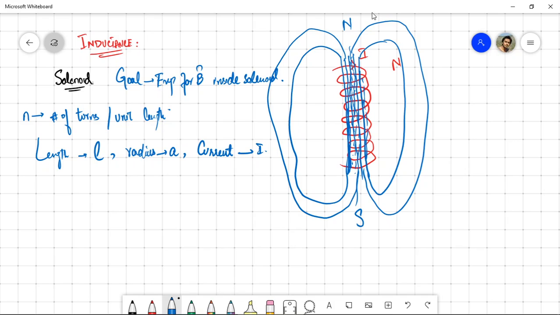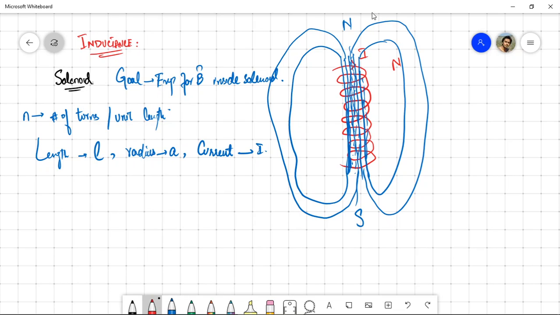So let's start by taking the magnetic flux density at a single point P, which is located on the axis of the solenoid. In order to do that, we'll have to redraw this expression in such a way that we can perform our analysis. So let's try to do that.